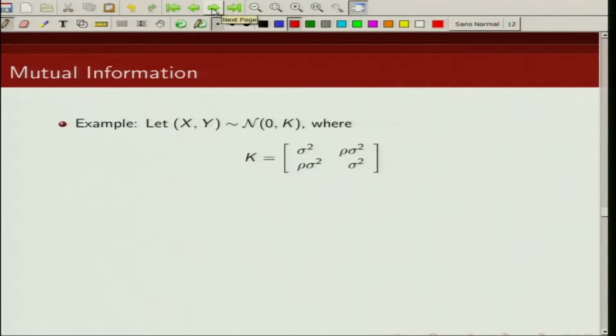Let us take an example. So x and y are multivariate Gaussian distributed, mean 0, covariance matrix given by K, which is this.